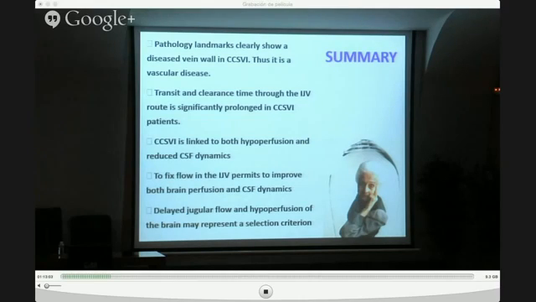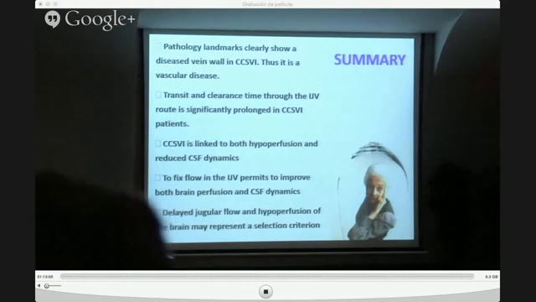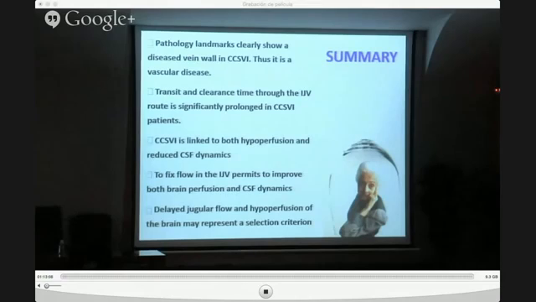I want to add that exactly the last week of this year, we finished a double-blinded controlled trial in Italy, experimenting with the safety and effectiveness of balloon angioplasty in this field.